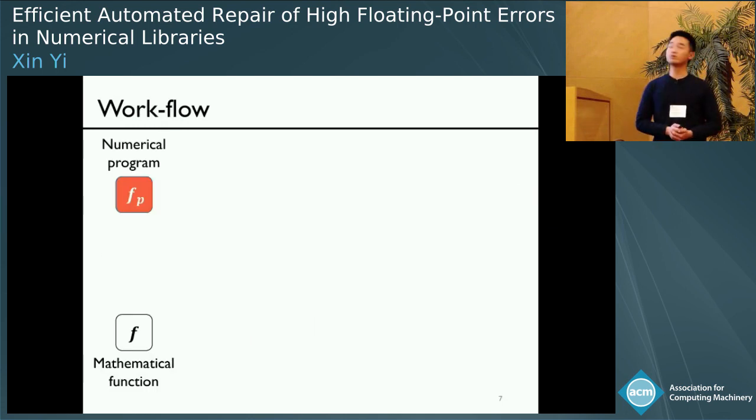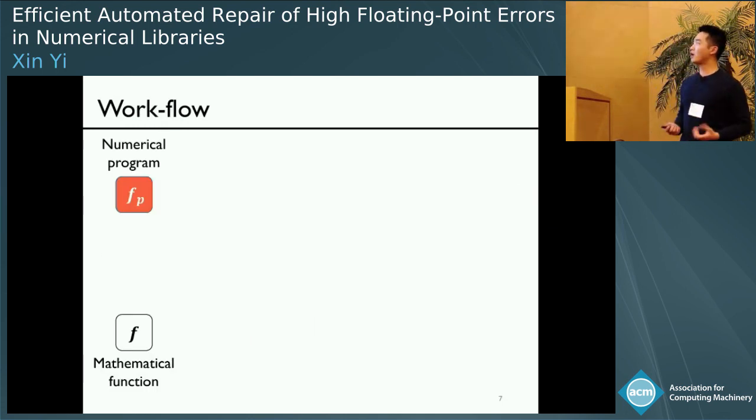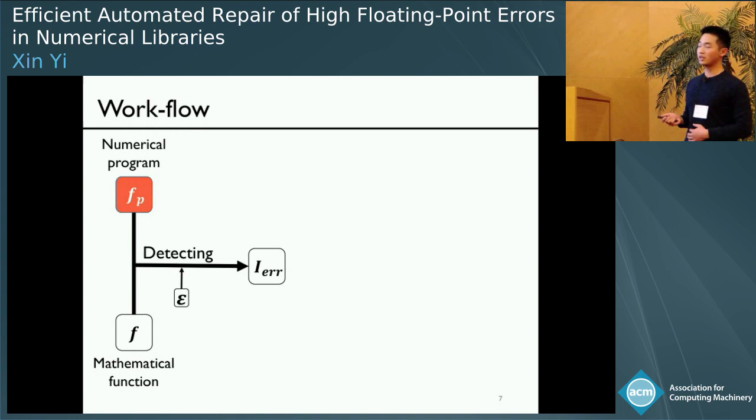First we want to give a high-level view of our approach. For a numerical program and its corresponding mathematical function, we first detect high errors according to the given error threshold, and we get the input interval, which includes the inputs that can trigger high floating point errors.